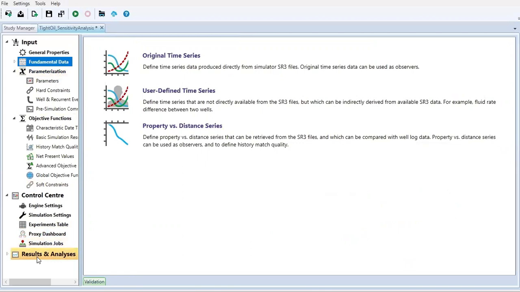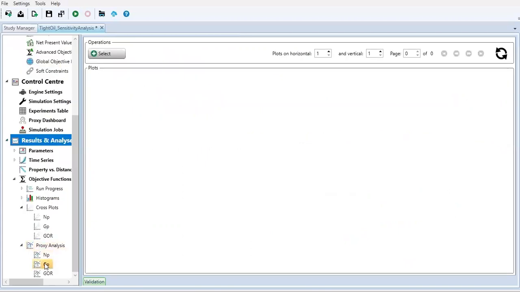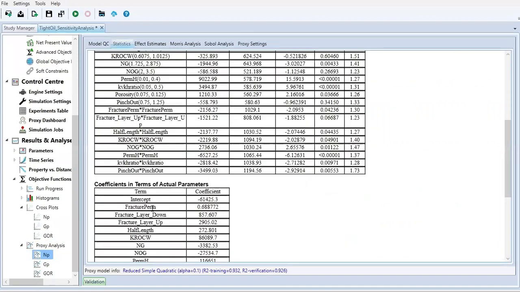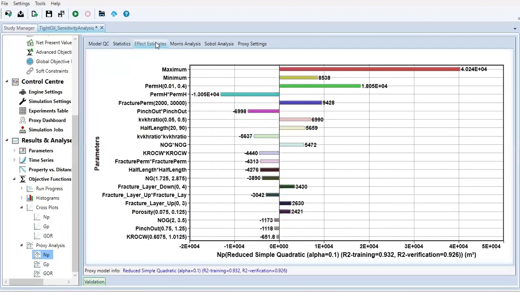And again, what you actually want to get from this exercise is the proxy analysis, the result in terms of the equation and the visualization of how important is this parameter and how important is the combination of those parameters.